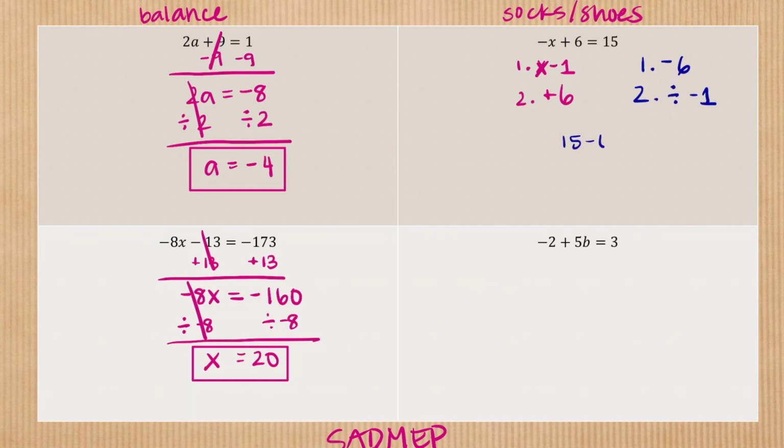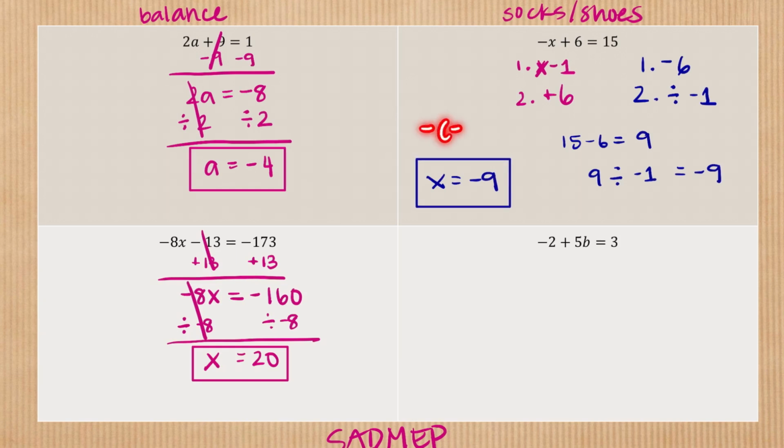So I would do 15 minus 6, which is 9, and then I would divide by -1, which is -9. So my answer would be x equals -9. And that checks out too. Again, I can check. So -9 plus 6. The double negative becomes a positive, and 9 plus 6 equals 15.